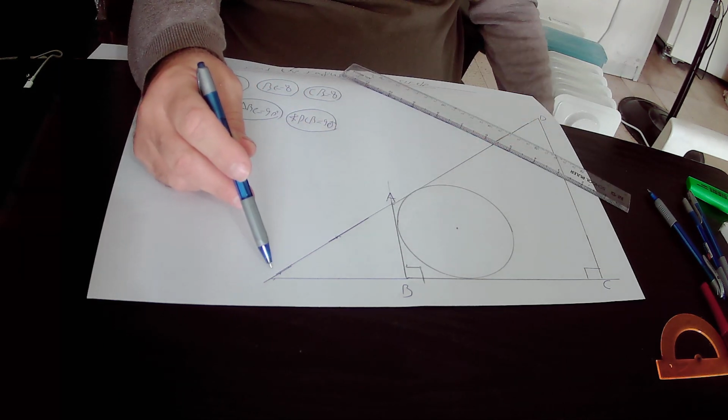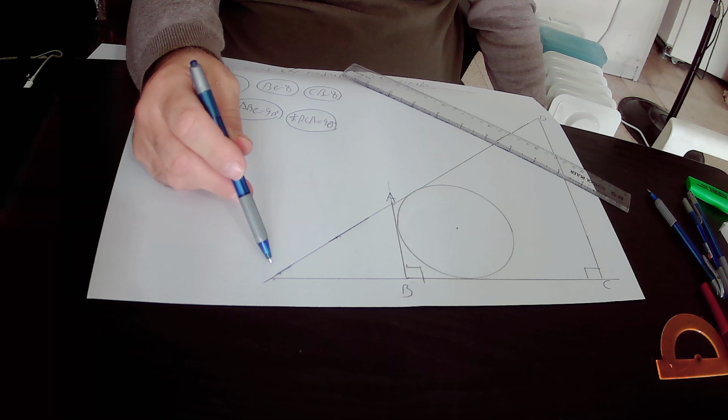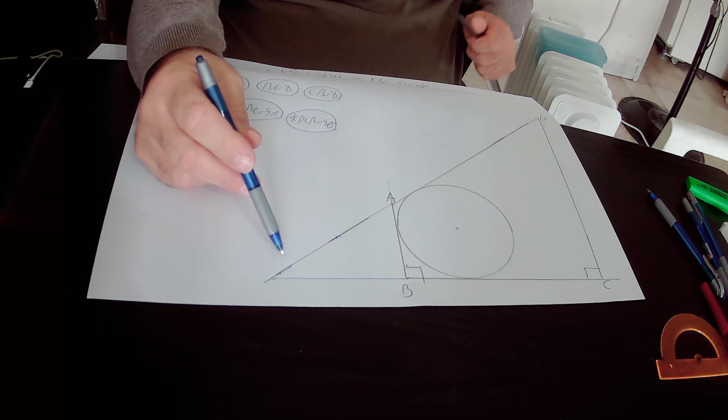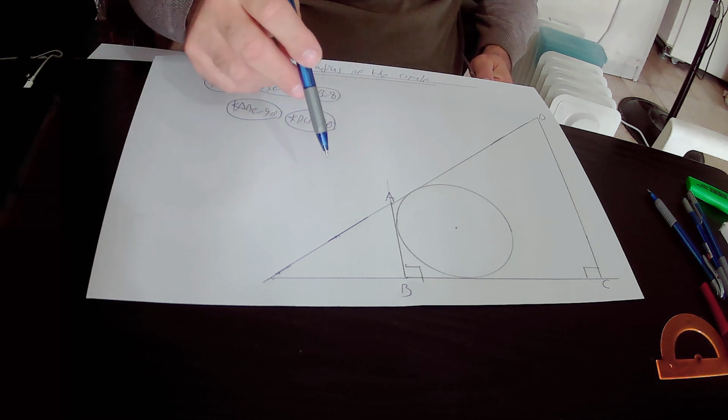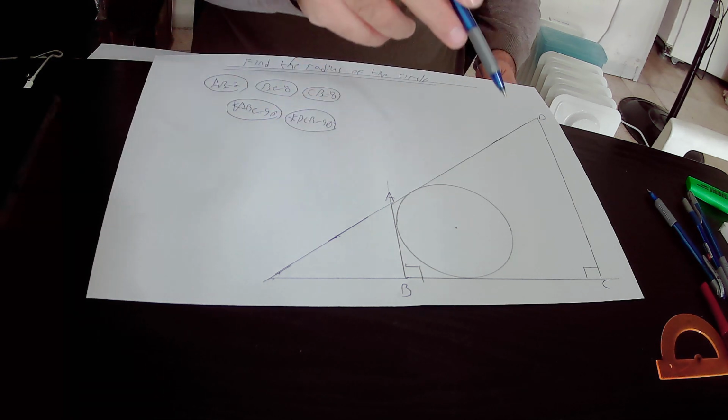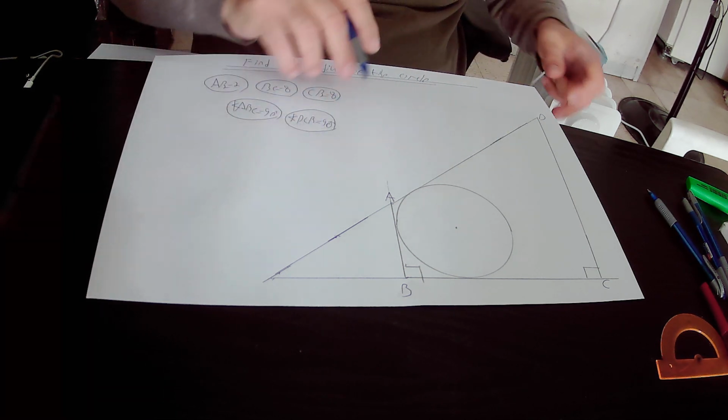This is their touching point. We define the touching point of the extended two sides, side DA and side CB, as M.